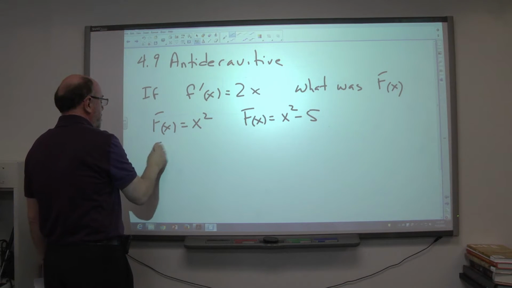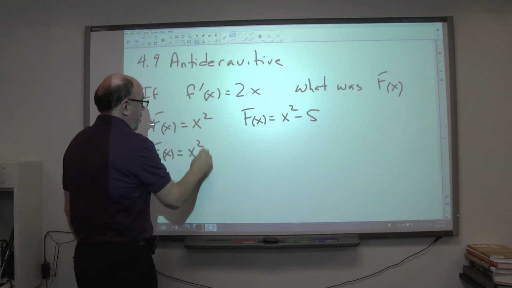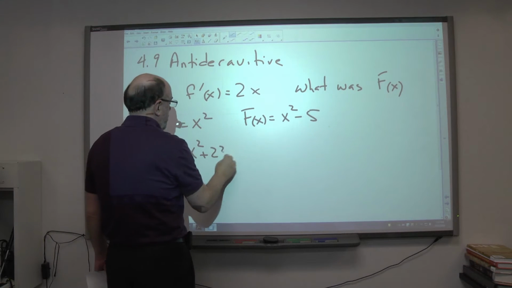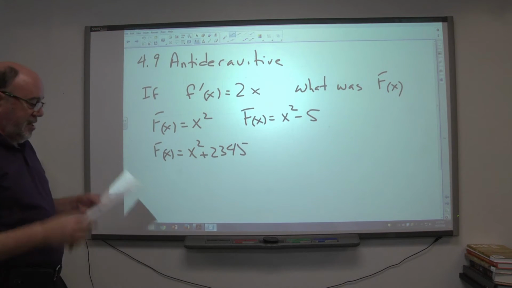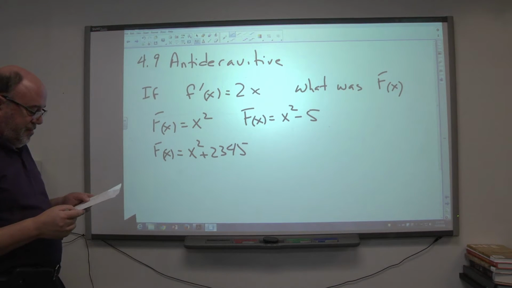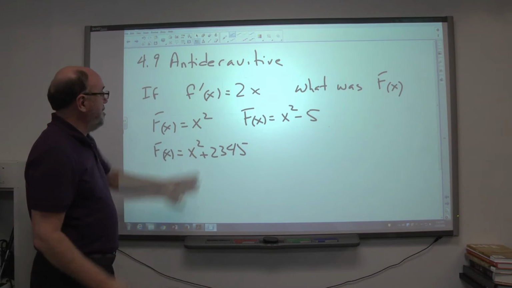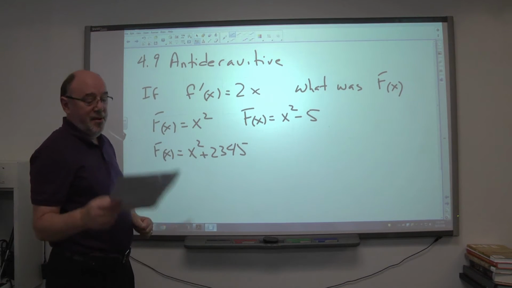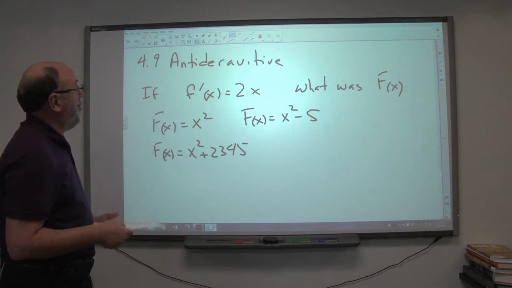F of x could have been x squared plus 2 thirds. And that would still give me that derivative. Right? So all of these would have that same derivative. So how do we find this?